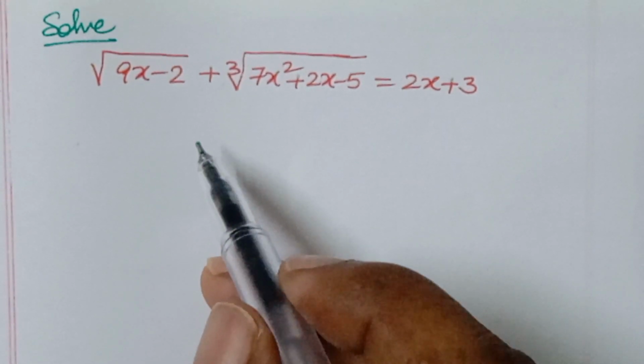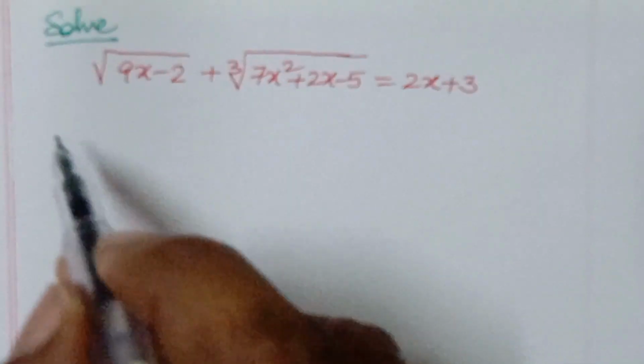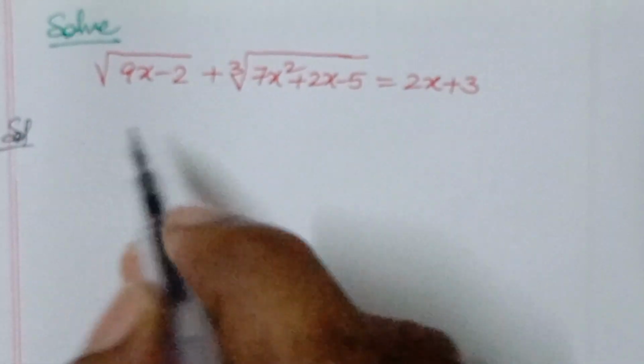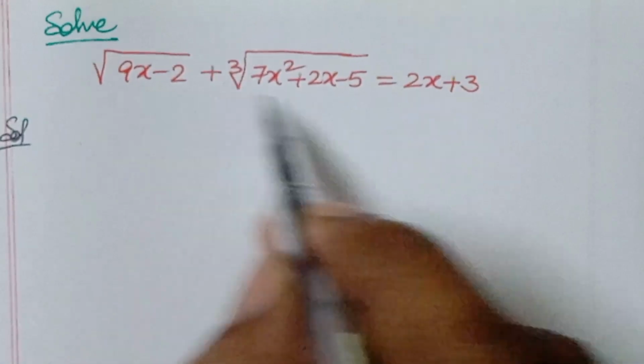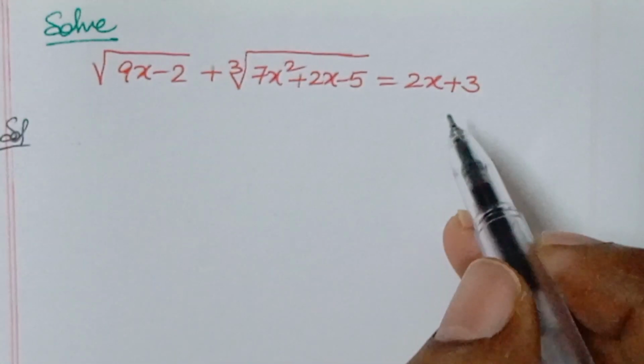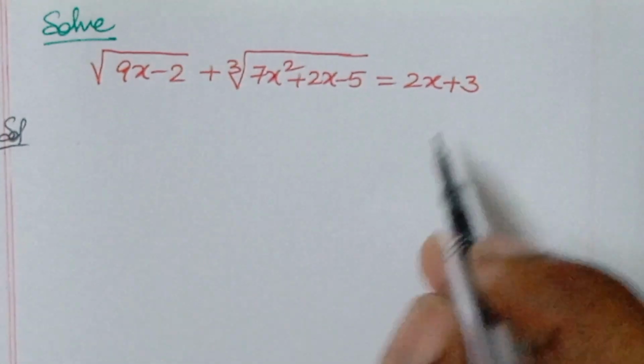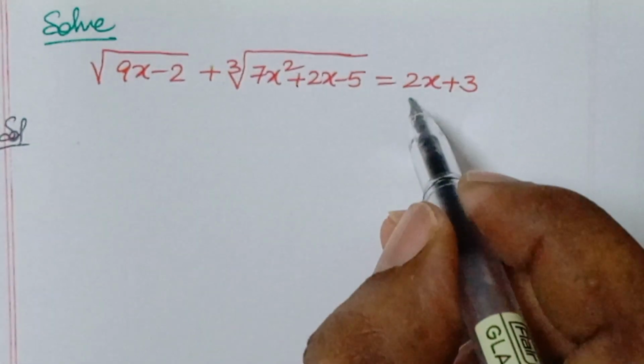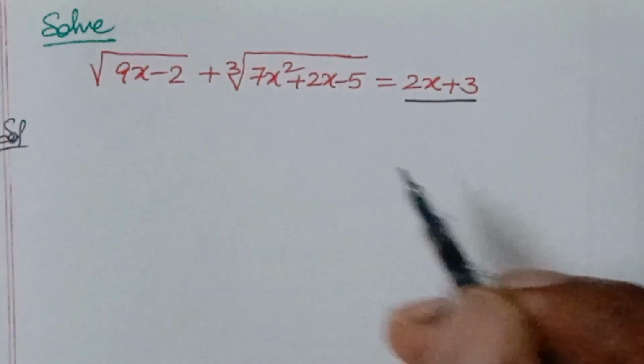So here, how to solve this problem? First of all, square root is given, cube root is given, and without root the value is given. So first of all, you have to split this value into two parts. That is the logic here.